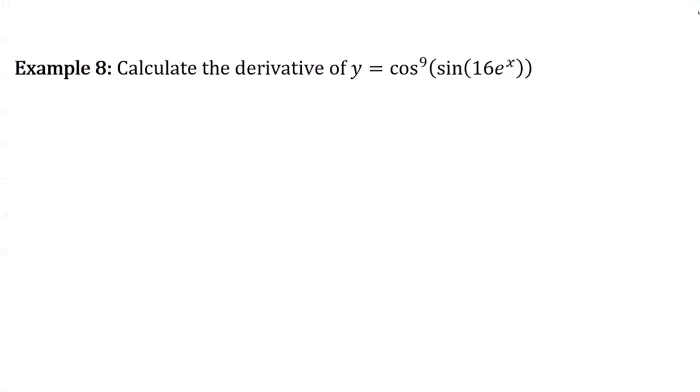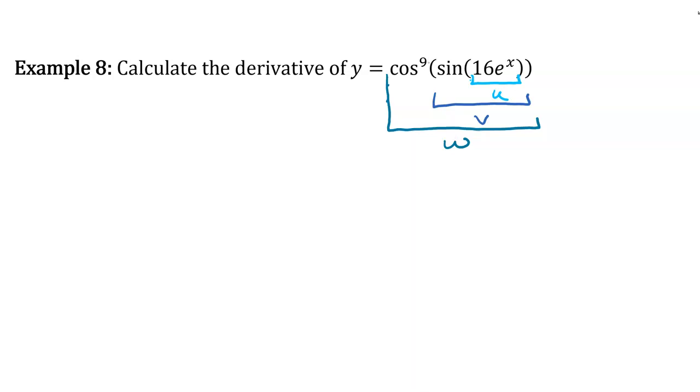Well, you see the 16e to the x, that could be u, and then the sine part, sine of u, we could say as v, and we have the cosine, we could call that w, but that 9 would be outside, so that would be our y.